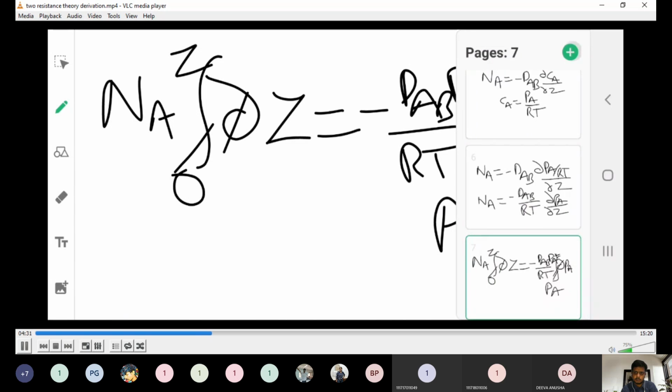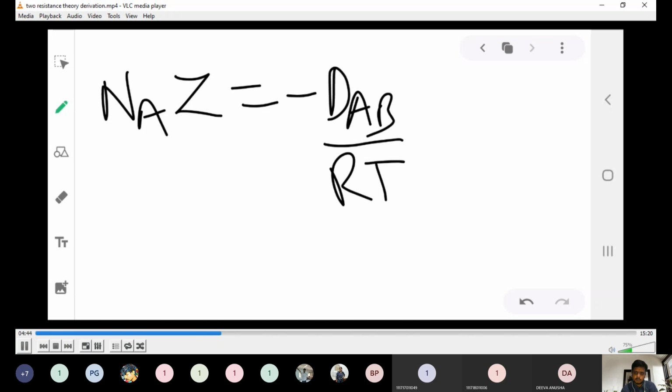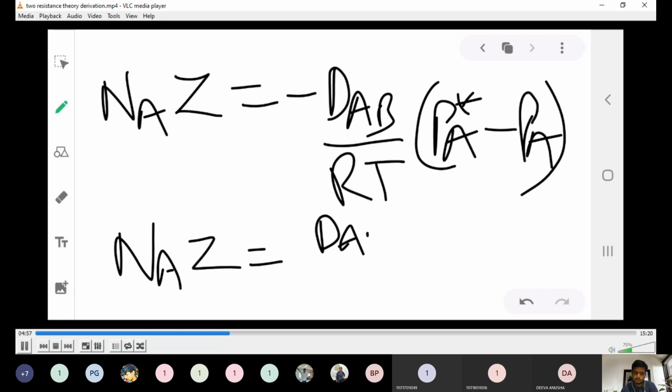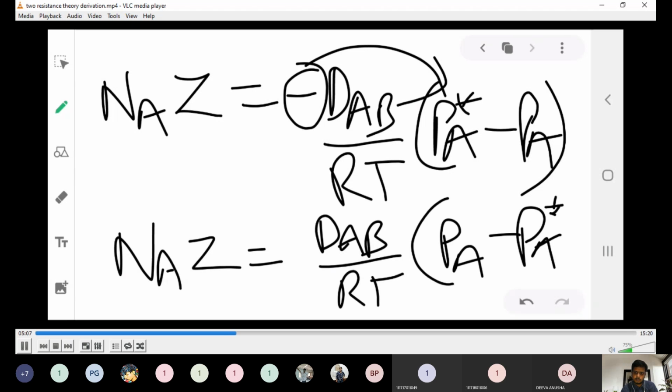I am writing the direct steps here. NaZ is equal to minus dAb by RT, upper limit minus lower limit, so Pa star minus Pa. Then the left-out term, NaZ is equal to dAb by RT, transferring the minus inside so that we interchange the variables to Pa minus Pa star.